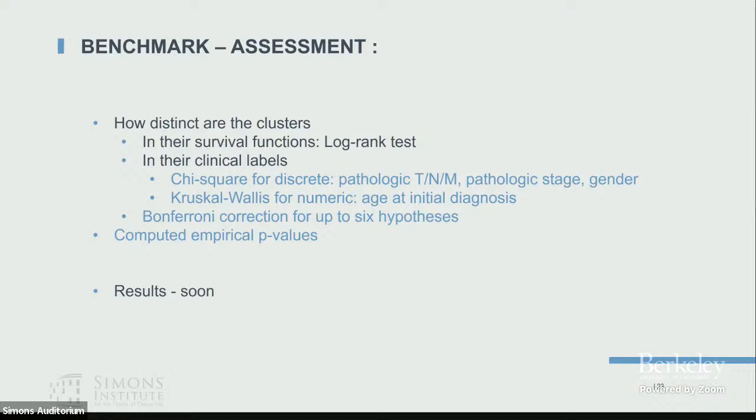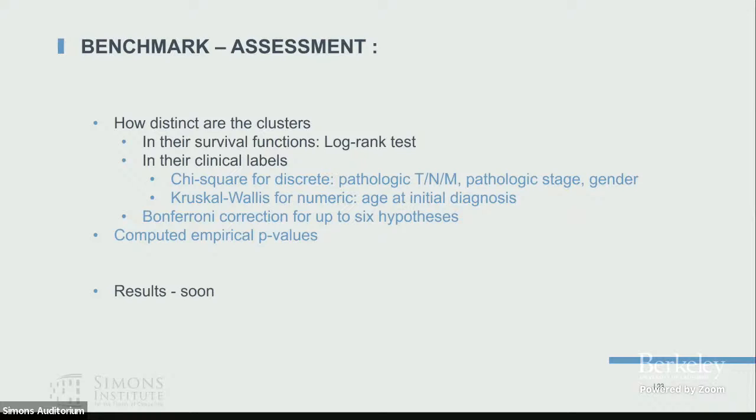And the evaluation was done in 2 ways. First of all, since we had the survival information of each individual, we could look at the survival curves of the different clusters after we clustered the samples, and use the log-rank test to assess the significance of the difference between the clusters.